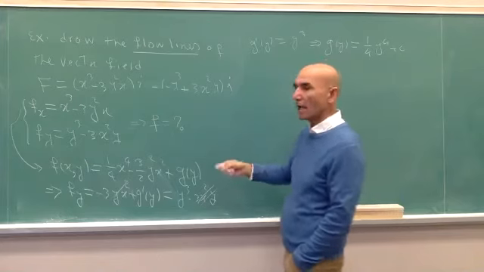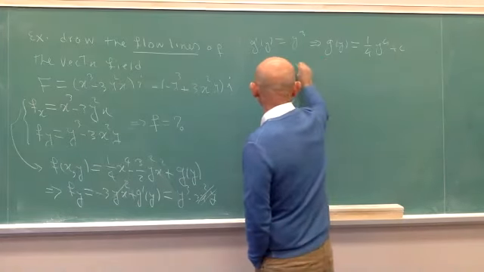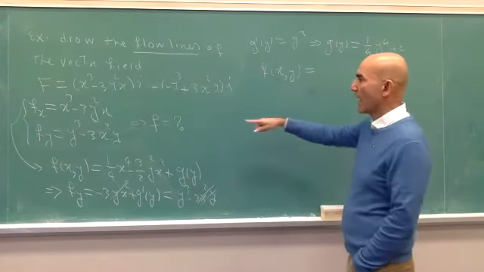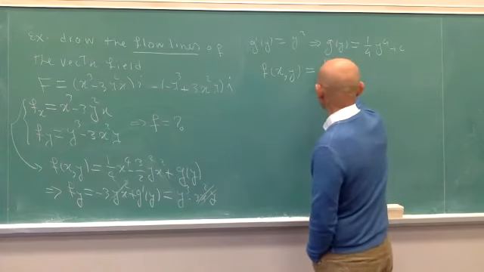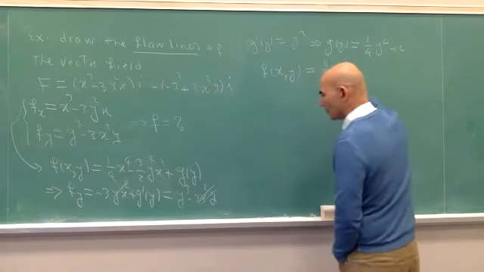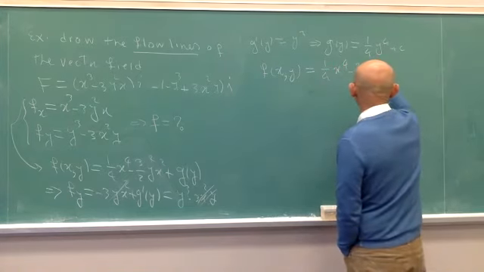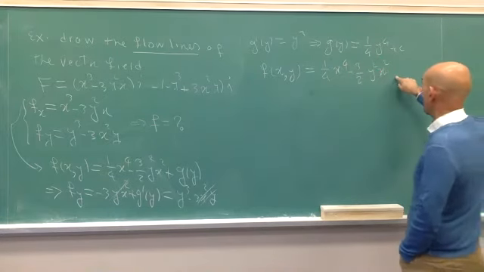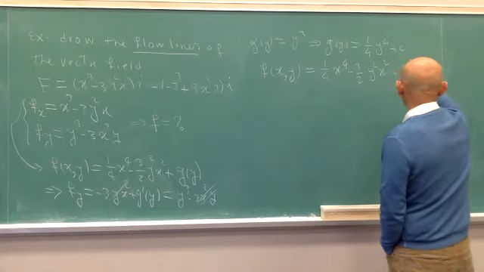So f of x and y is equal to a quarter of x to the 4th, minus 3 over 2 y squared x squared, plus a quarter of y to the 4th, plus a constant.